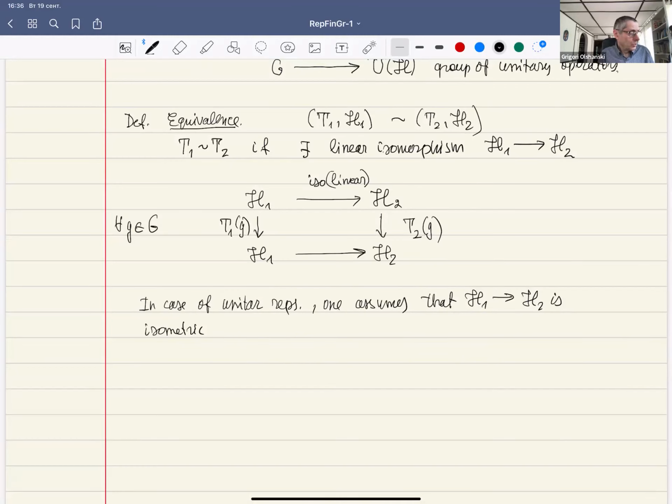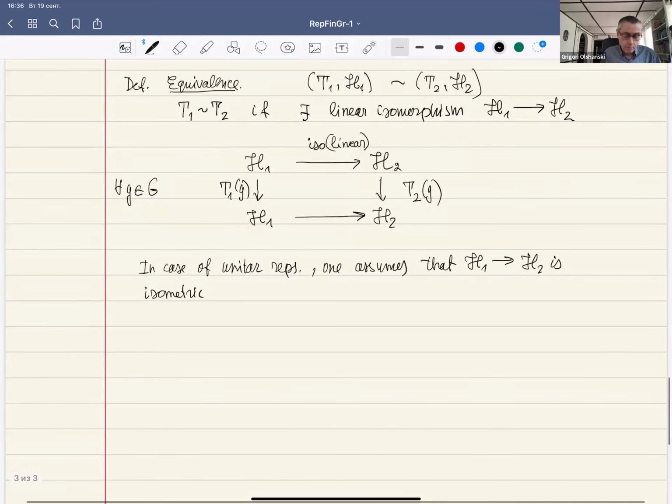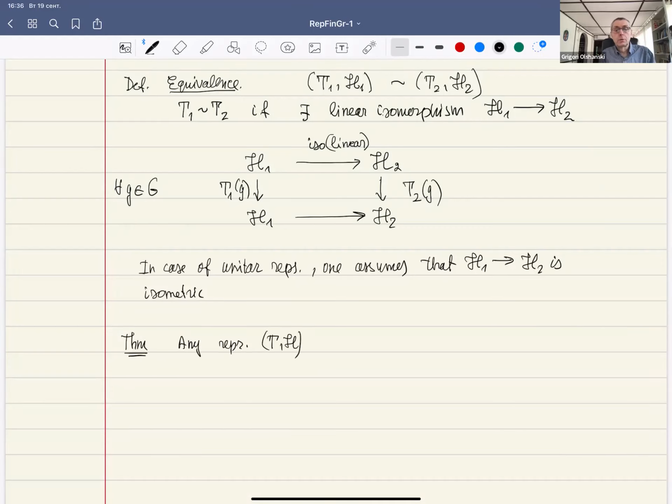Okay. So the first result, very important, simple but important, is the following theorem. Any representation T, I repeat, of finite dimension and of a finite group is equivalent to a unitary representation.